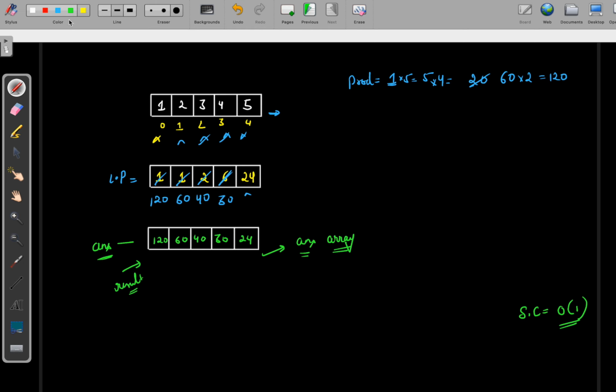Okay, so again here the time complexity is the same, that is big O of n. But if you are ignoring the answer array, the resultant array, the space complexity will be big O of 1. This will be your answer.